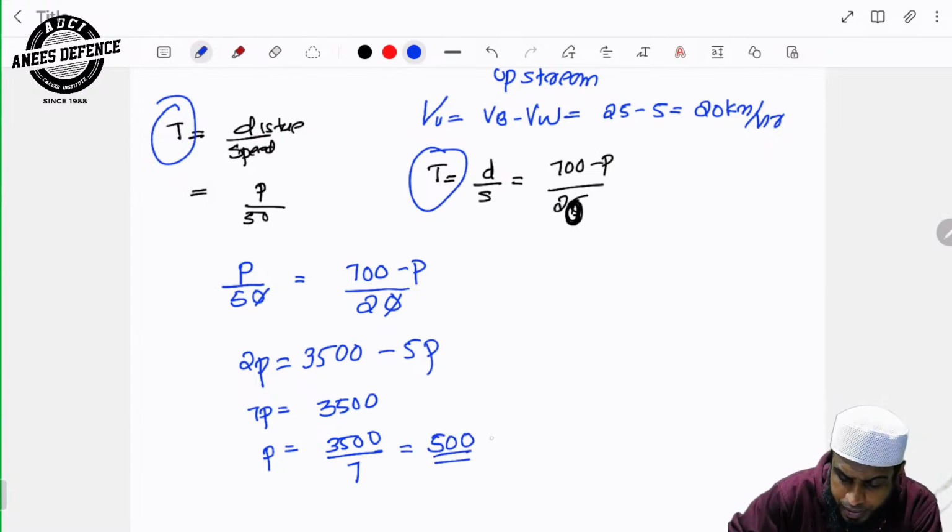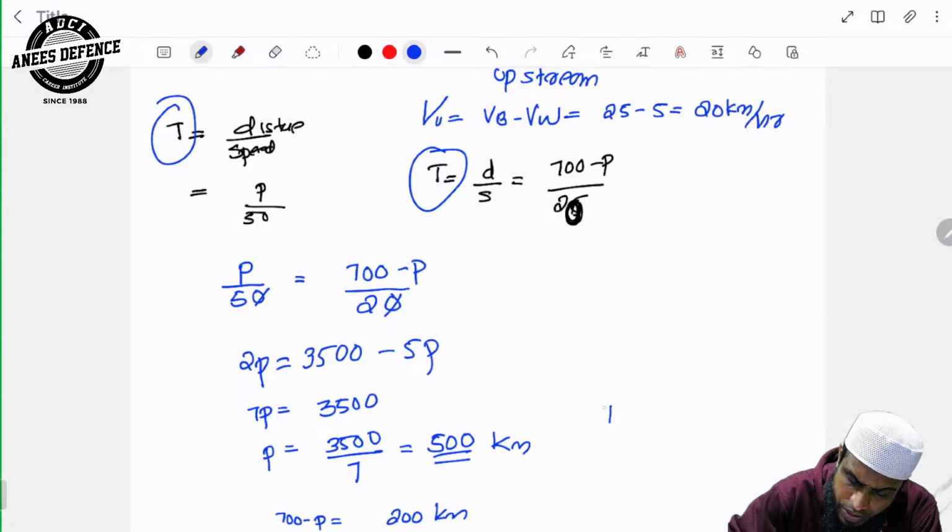So P is 500 kilometers. The distance traveled by boat A is 500 kilometers. The distance traveled by boat B will be 700 minus P, that is 200 kilometers.